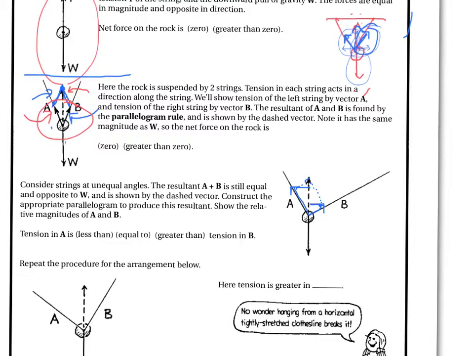If we were to draw our vertical lines over, we would see that A is supporting that much of the weight. B is only supporting until that point right there. They're both, again, pulling to the left and to the right with the same amount of force, canceling each other out, but the tension in A is much stronger than the tension in B because it's holding more of the weight.